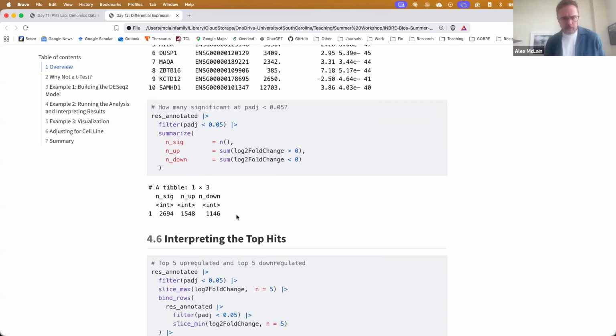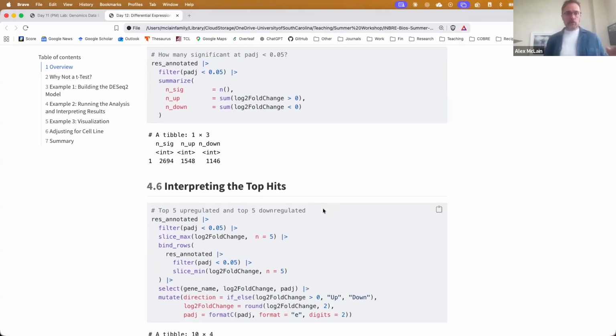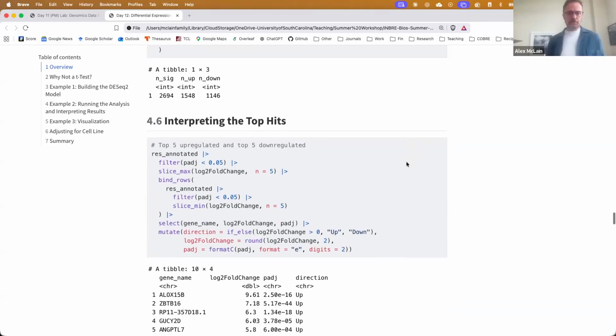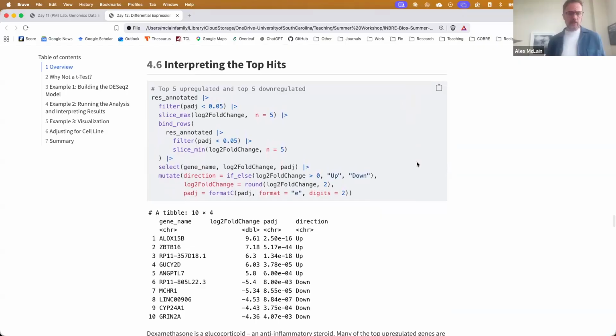More upregulated than downregulated, but a good amount of both. I haven't done a lot of these analyses, but this certainly is a lot of significant genes here. 2,700 or so. More than we could probably investigate one by one, certainly. So maybe, hey, let's just look at some of the top hits here.